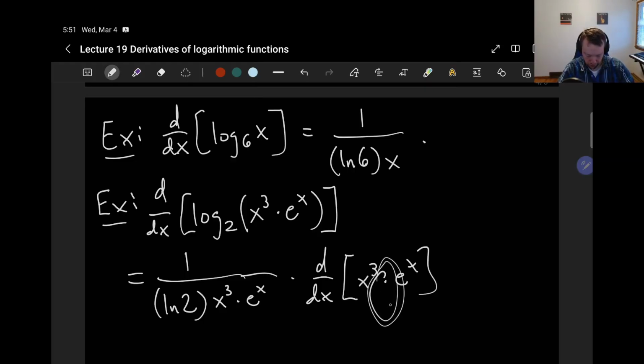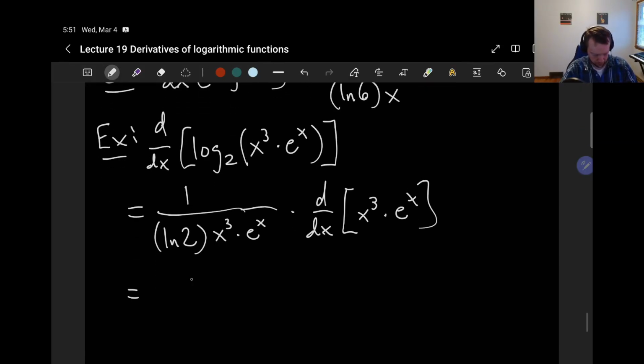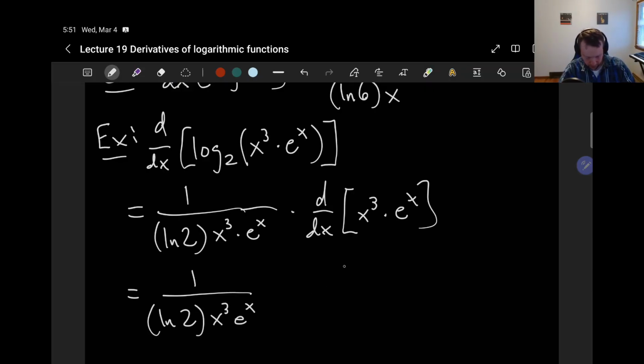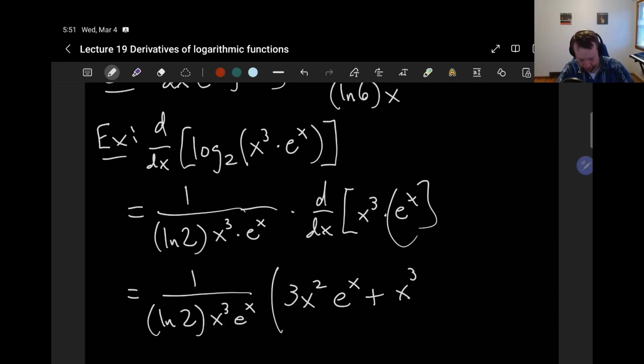Looks like a product rule to me. We perform product rule here. So I take the derivative of x cubed, then multiply by e to the x left alone, plus x cubed left alone times derivative of e to the x. Well, that's actually just e to the x.